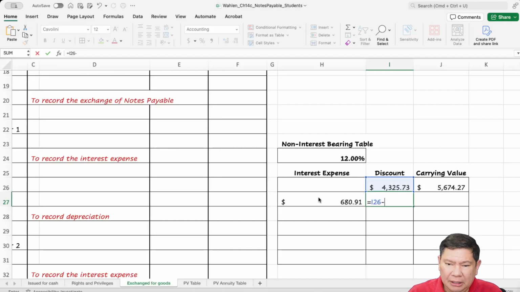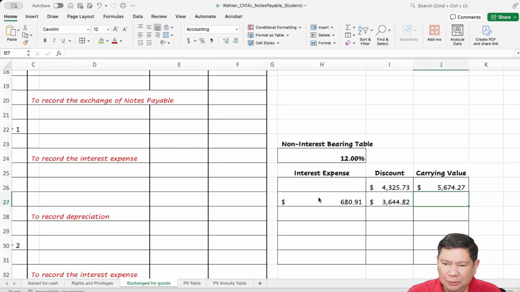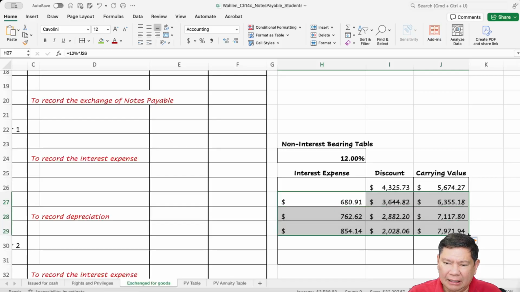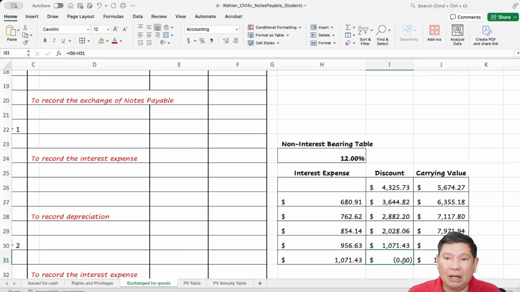So that will reduce the discount to 3644.82, and that amortization increases the carrying value to 6355.18. Okay, and you can do it for the second year, the third year, the fourth year, and the fifth year. And you see that the discount goes down to 0 and the carrying value goes up to $10,000.